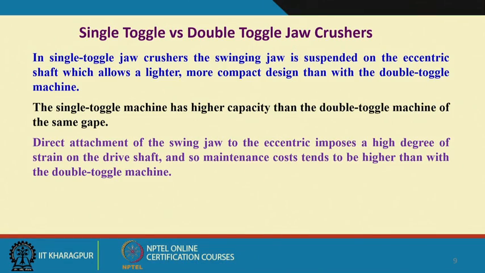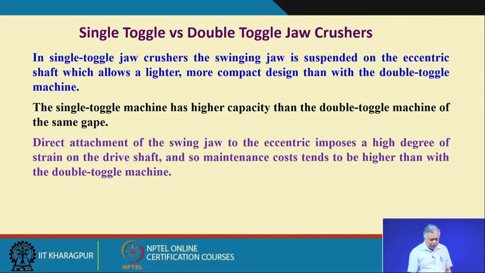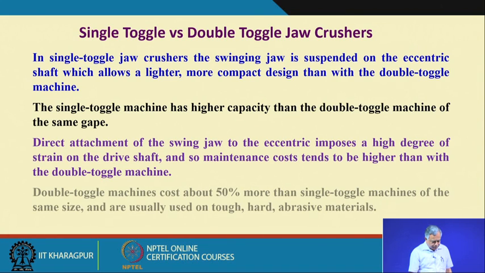That means the maintenance costs are much higher than with the double toggle machine, because with that design the strain is distributed in a different manner. So, that is the mechanical engineering aspect, and the material selection is also very important for the toggle selection. The harder the material, the more robust it has to be, otherwise my toggle will break down and you will have maintenance related issues.